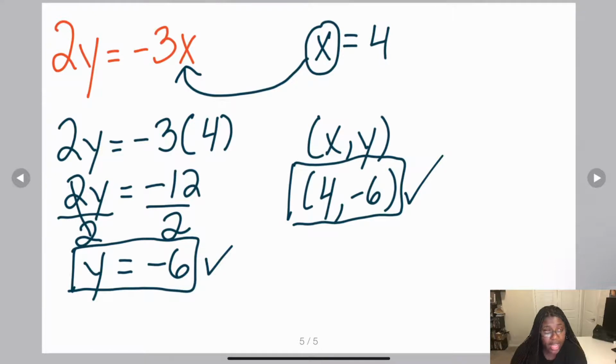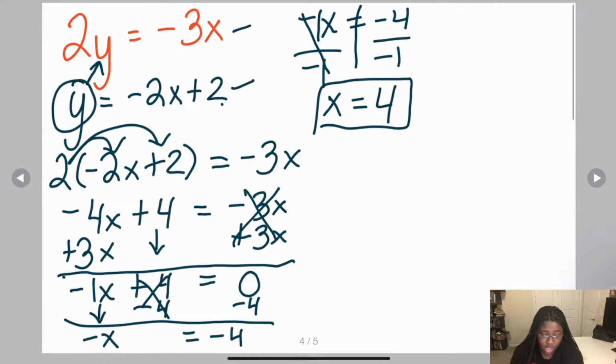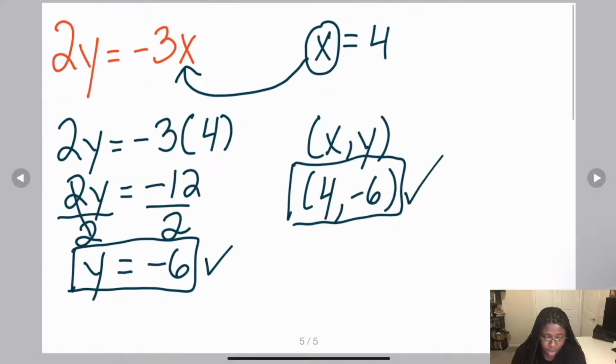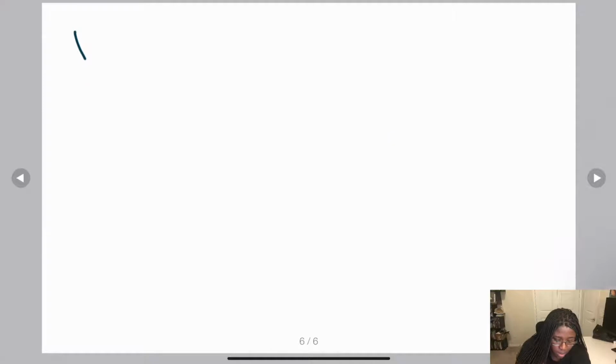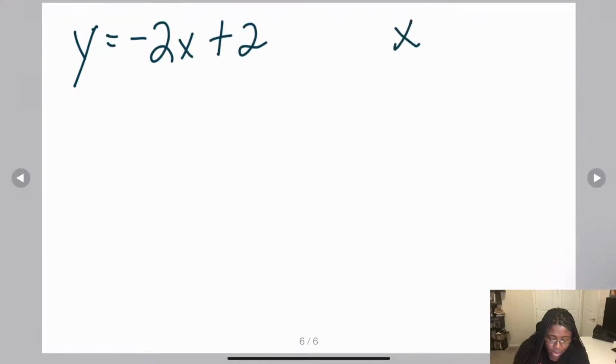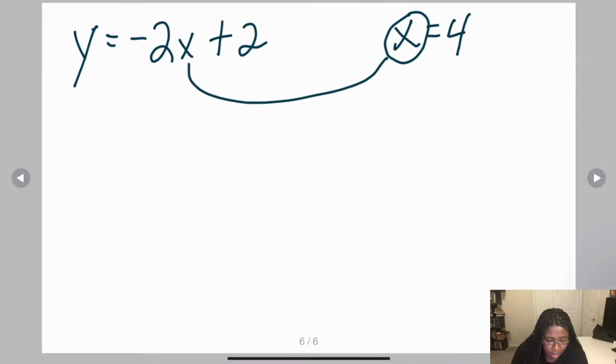So let's try, that was the top equation. And I wanted to show you the other equation, if we were to put the 4 in there, that you should get the same answer. So it's going to be y equals negative 2x plus 2. And our x was 4. So again, I'm going to take my ham, which is x.